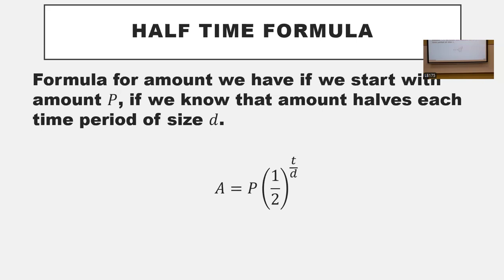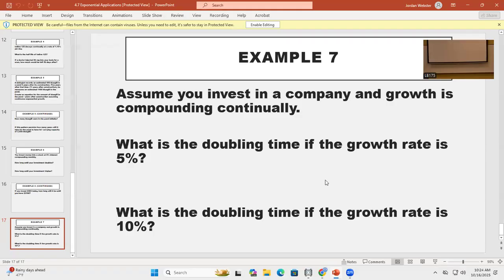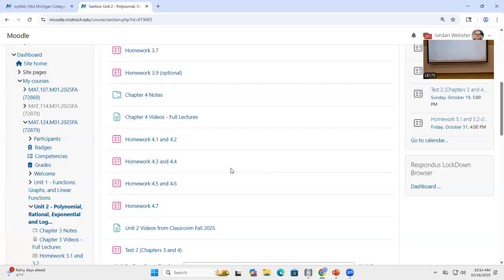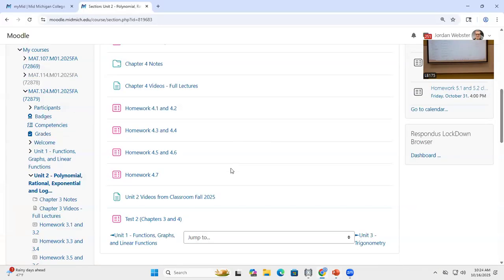Setting up one of those equations and then using it, we can either solve for A by plugging in T, or solve for T by plugging in a value for A and solving via an exponential equation. All right. So that is it for chapter 4 of what we're going to cover.